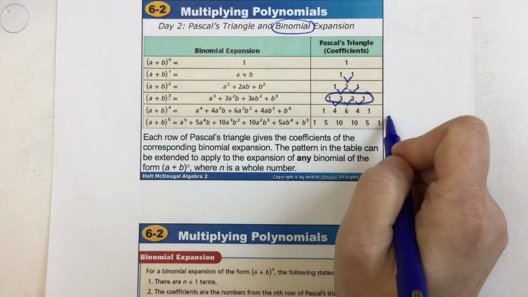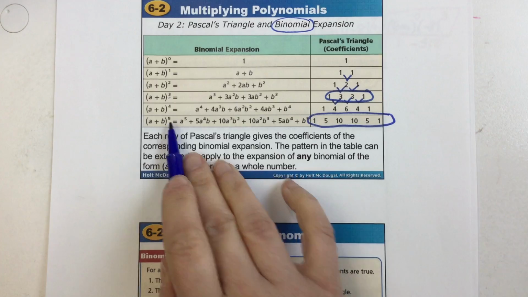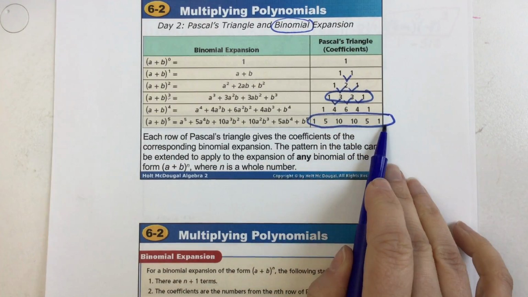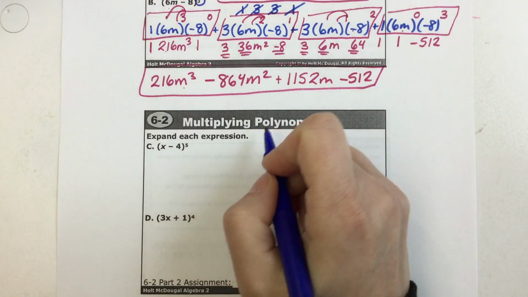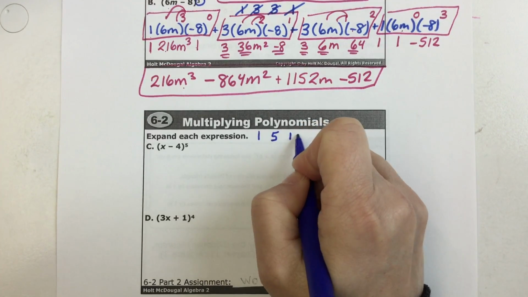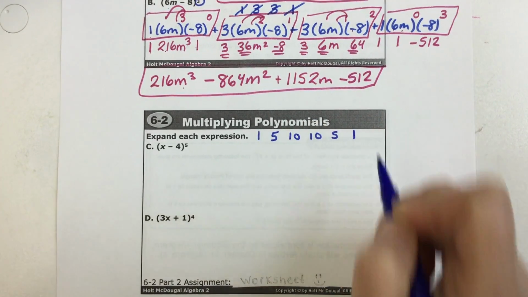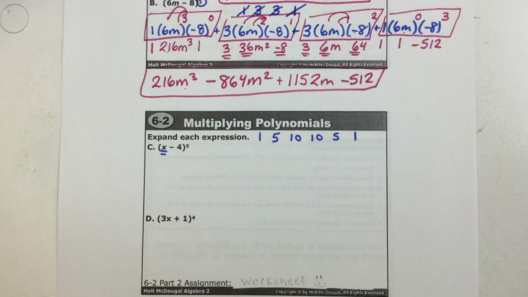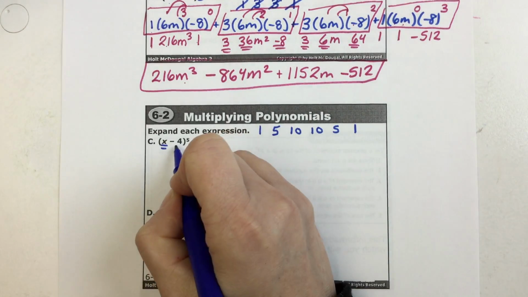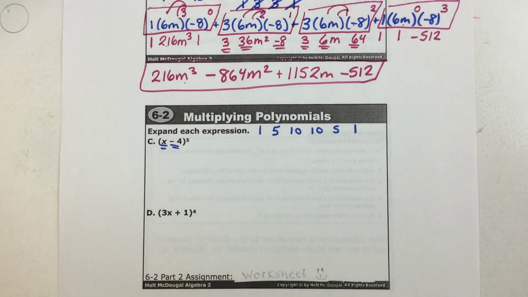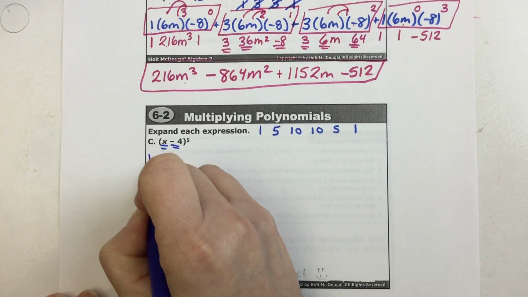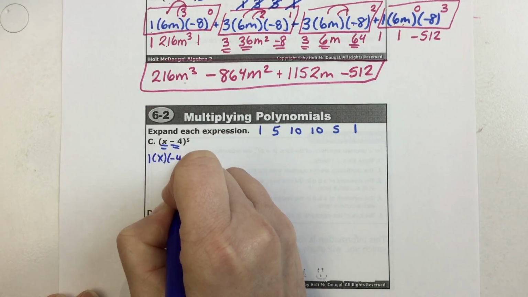When you have an exponent of 5, Pascal's numbers are 1, 5, 10, 10, 5, 1. So this will be a little bit lengthy of a problem, but we got this. 1, 5, 10, 10, 5, 1. The first thing in the binomial is a positive x. The second thing is a negative 4. So 1, x, negative 4.